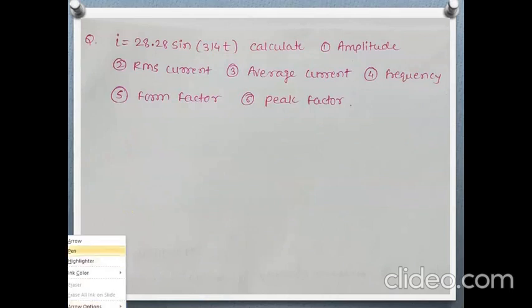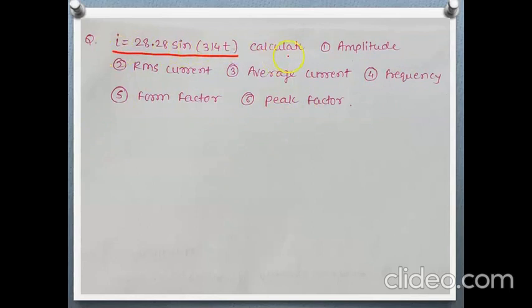Here the question is, small i equals 28.28 sin of 314t. Calculate amplitude, RMS current, average current, frequency, form factor and peak factor. Let's do it one by one. This is the given data, where this value 28.28 is Im value, this is sine and this is omega t.